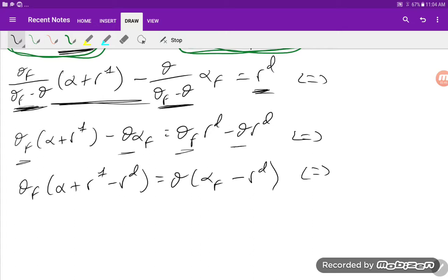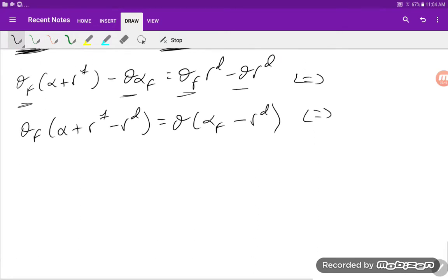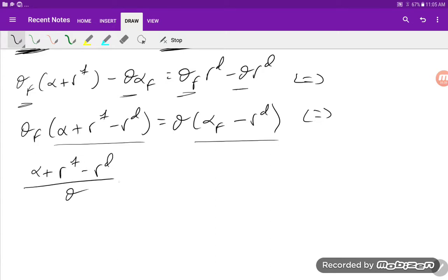And then finally, divide each by these. So finally you'll get that alpha plus rf minus rd over sigma is equal to alpha f minus rd over sigma subscript f.